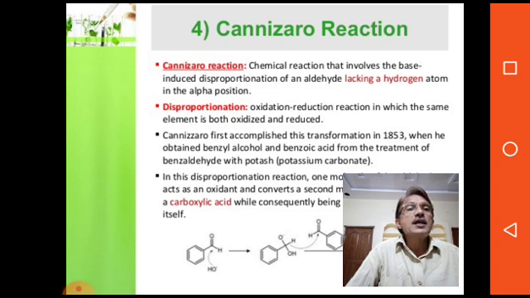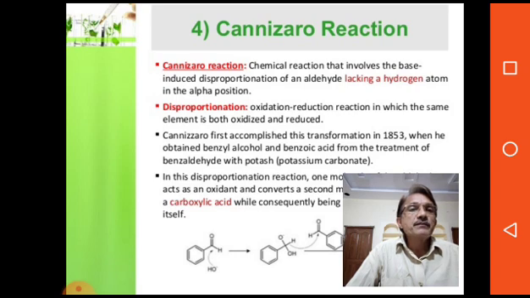Why? Because in this Cannizzaro reaction, one molecule of an aldehyde undergoes oxidation, and another molecule of an aldehyde undergoes reduction. Therefore, we call it an oxidation reduction reaction, in which the same element is both oxidized and reduced.